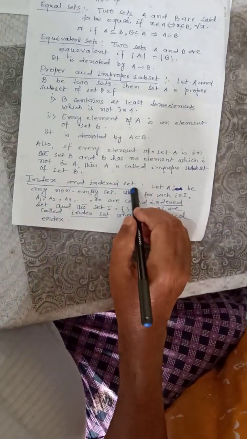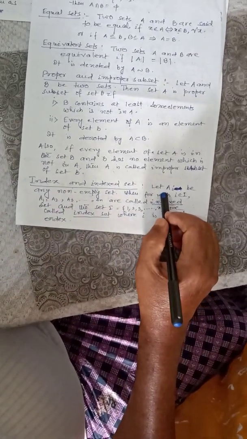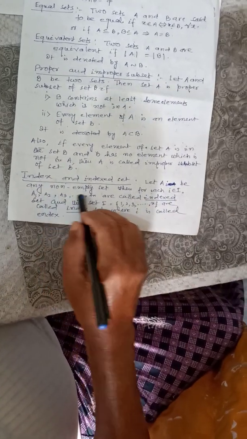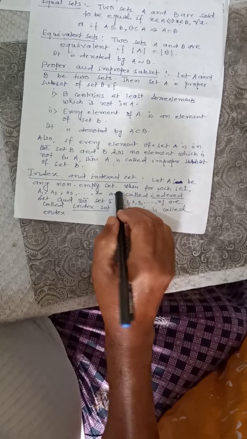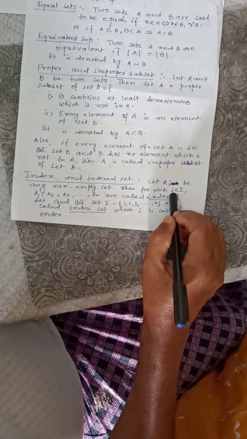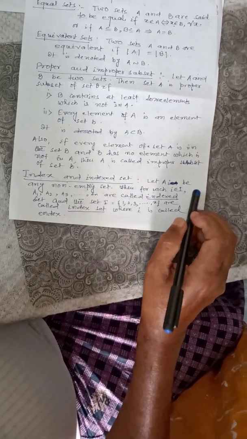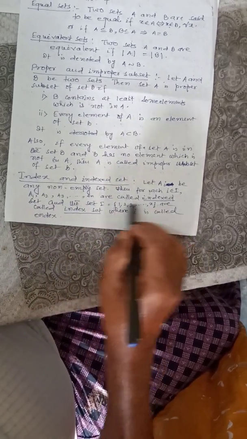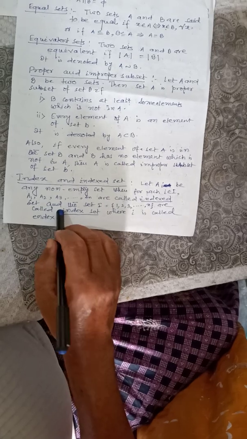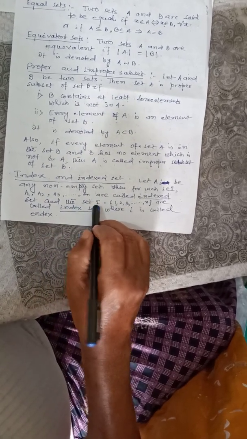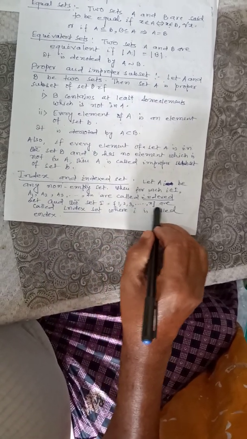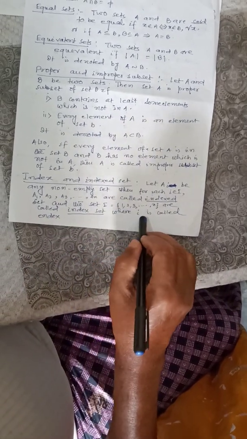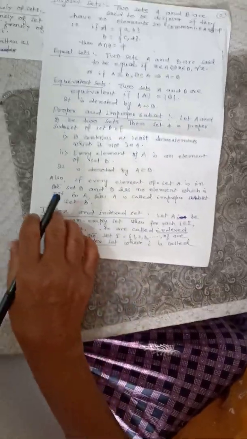Index and index set. Let A_i be any non-empty set. Then for each i belongs to capital I, A1, A2, A3, ..., An are called indexed sets, and the set I is 1, 2, 3, ..., n is called the index set, where i is called the index.